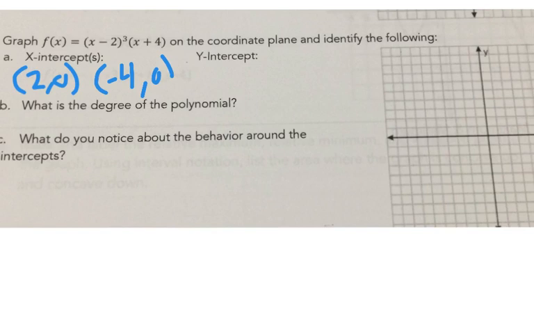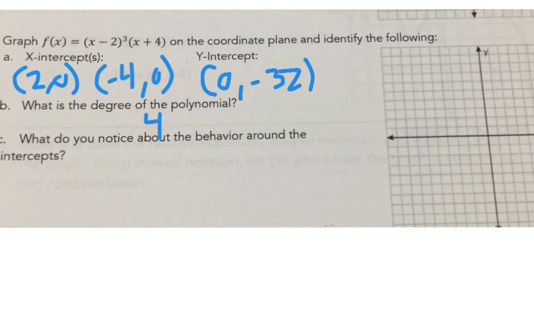So negative 2 times negative 2 times negative 2 is negative 8. Negative 8 times 4 is negative 32. So the y-intercept should be at negative 32. What's the degree of the polynomial? 4. Okay, so I answered all their questions without even actually graphing it.